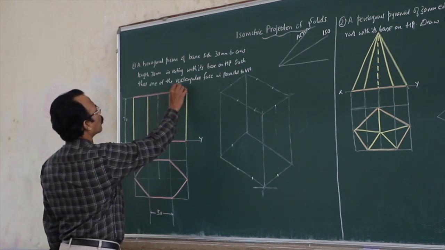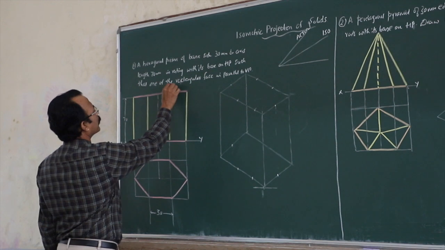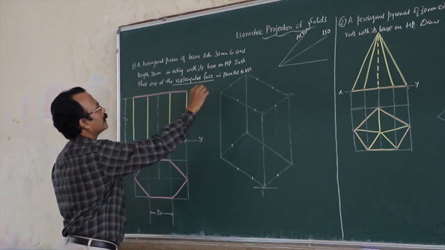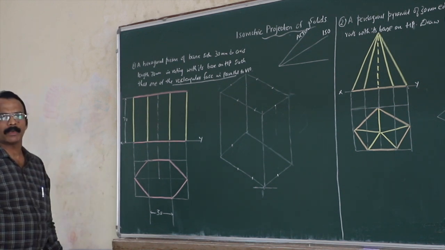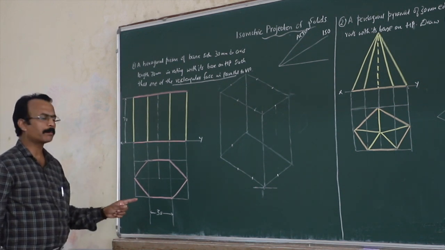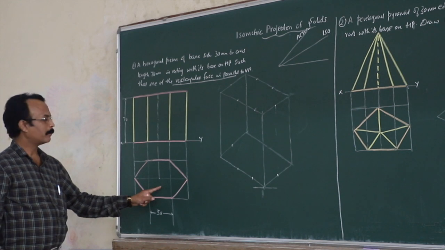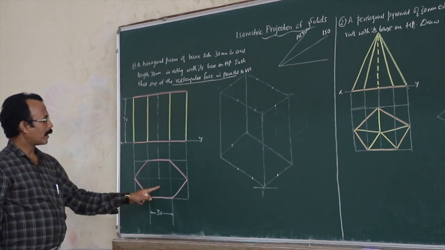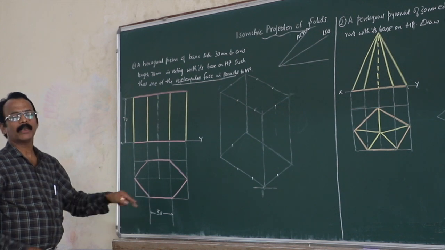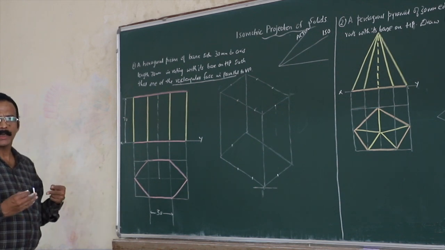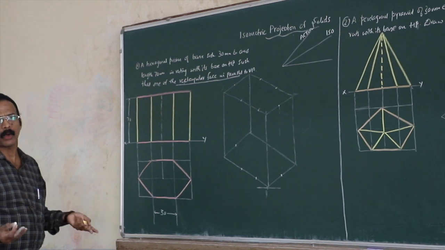In this problem, fortunately he has given you one of the rectangular faces parallel to VP. Even though it is not given, it is always better to keep the prism in the way that has been shown here, because in isometric projection, as I have told you, we try to show as many faces as possible.